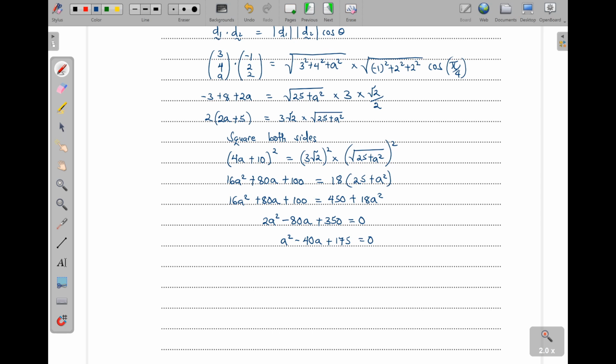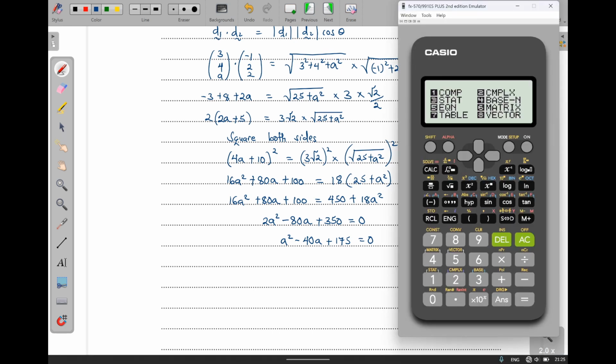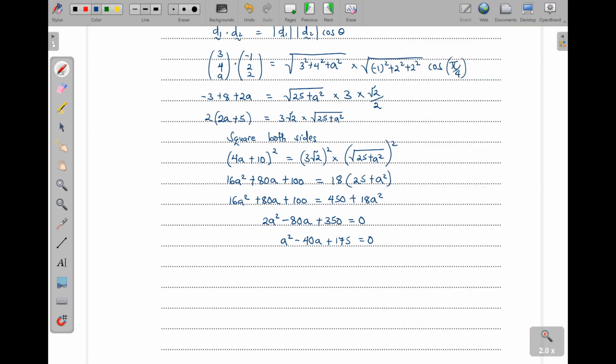So put it in the calculator, you get the answers. So we shall go to equation, which is 5, then 3 is quadratic, so 1, then we have negative 40, and then we have positive 175. And then it's 35, and then 5. But remember, you have to show the examiner that you have solved the equation.